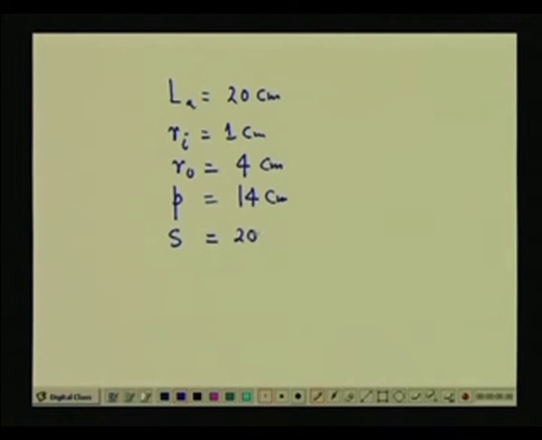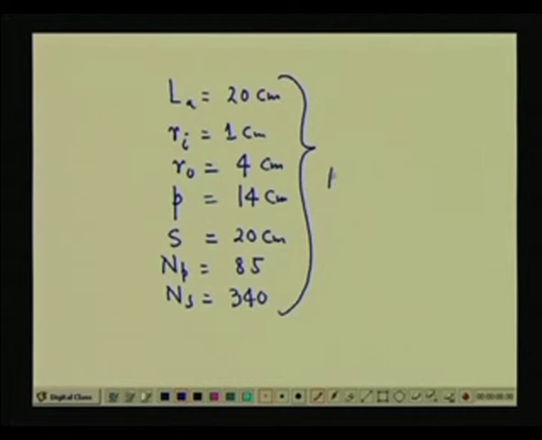Complete design of LVDT: LA equal to 20 centimeter, RI equal to 1 centimeter, RO equal to 4 centimeter, primary length P 14 centimeter, S is 20 centimeter, number of turns in the primary is 85, number of turns in the secondary is 340. So, this is a complete solution to the problem number 12.3.